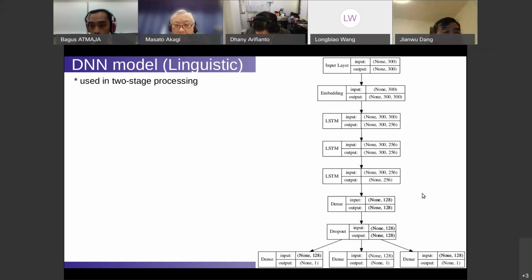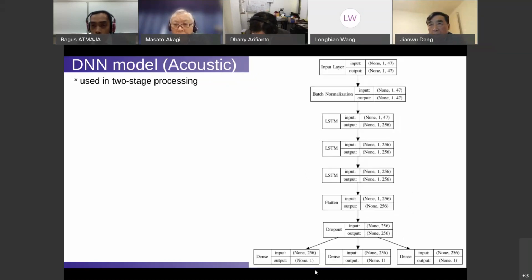In this case, I returned the final prediction only in the last LSTM layer, then a dense layer, a dropout layer, and then a 1-unit dense layer to predict the degree of valence, arousal, and dominance. So this is the architecture of the LSTM DNN I use in the 2-stage processing here.